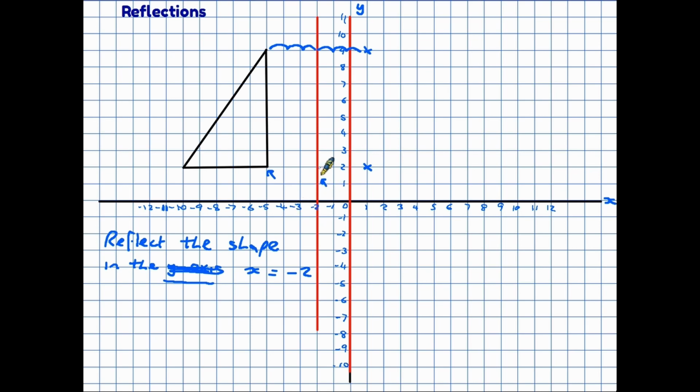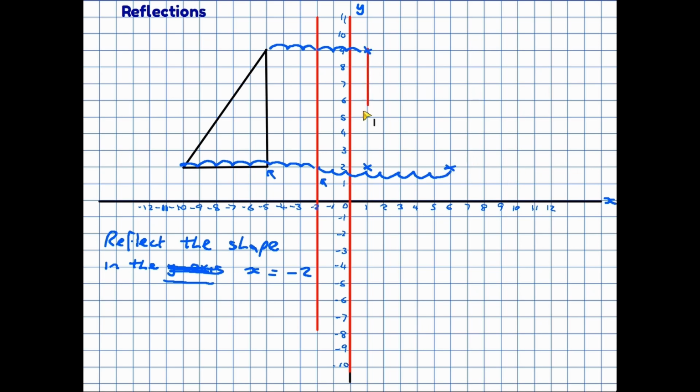And again, from here we're counting back 1, 2, 3, 4, 5, 6, 7, 8 squares, so we're going to go forward 1, 2, 3, 4, 5, 6, 7, 8 squares, and our third point of our triangle is going to be there.